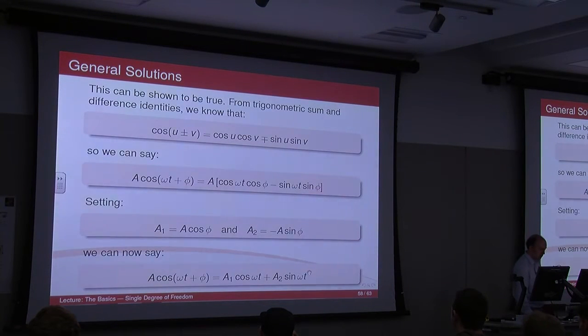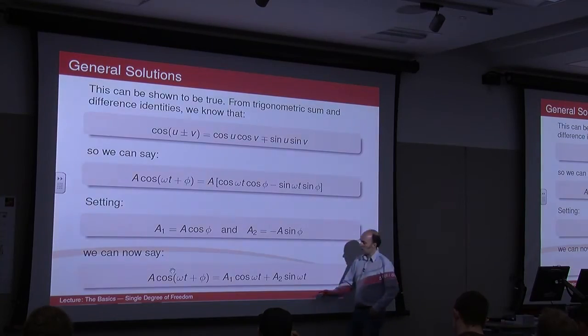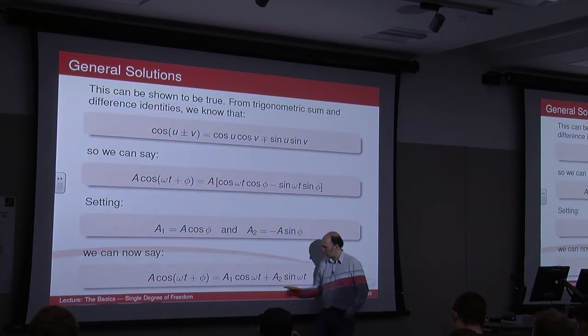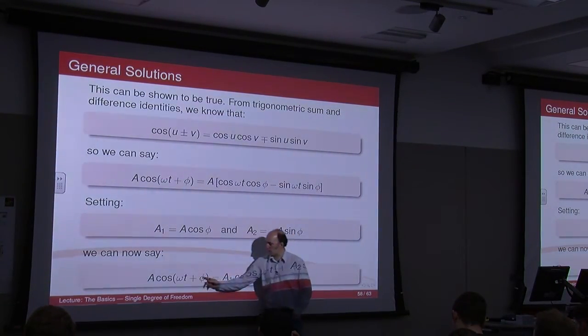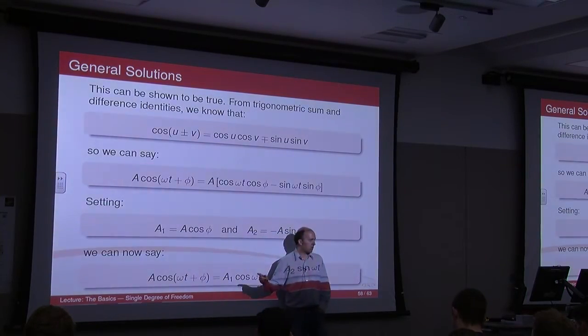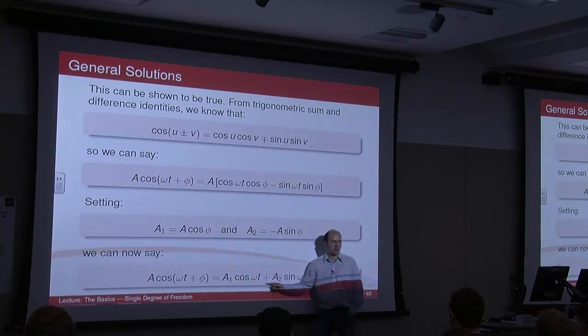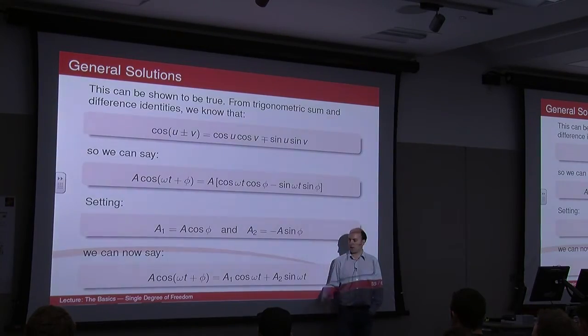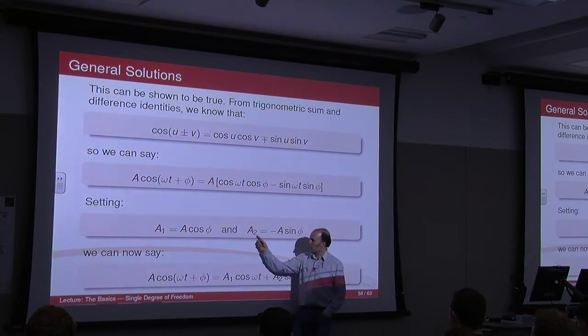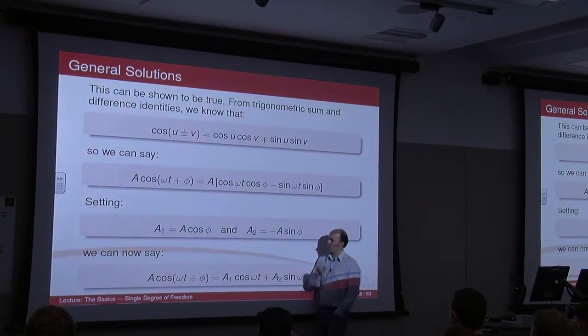So you may see solutions written like this, or you may see solutions written like this. And in the next chapter, we're going to be using this as our solution, not that. But they're the same thing, knowing that A1 and A2 are defined like this.